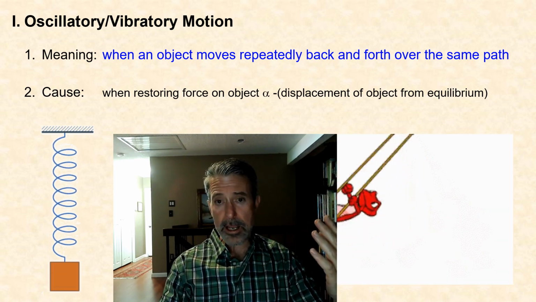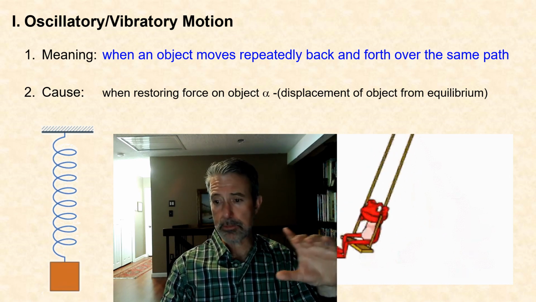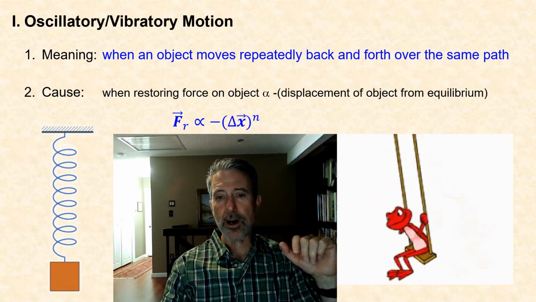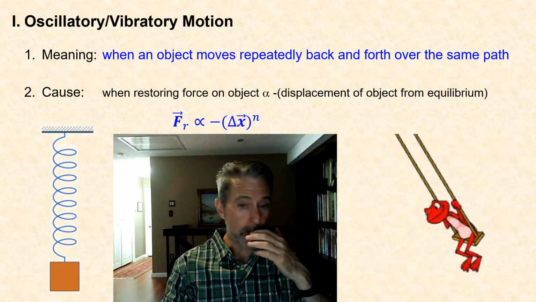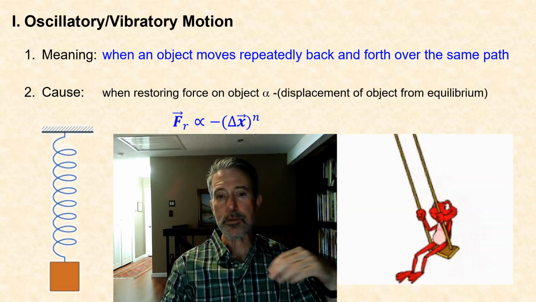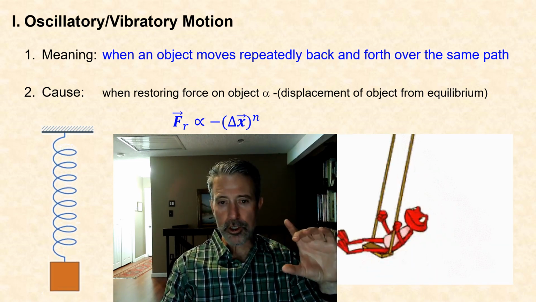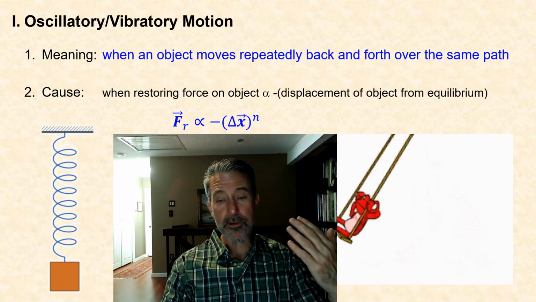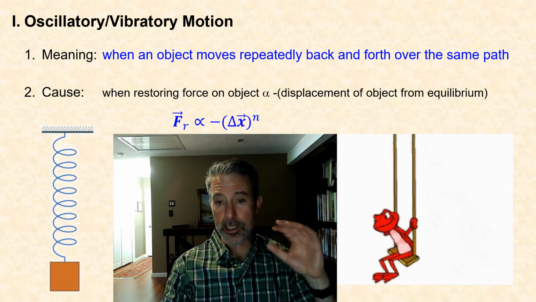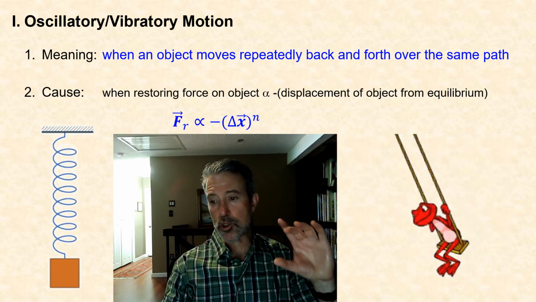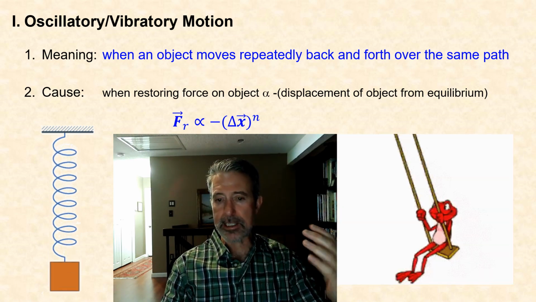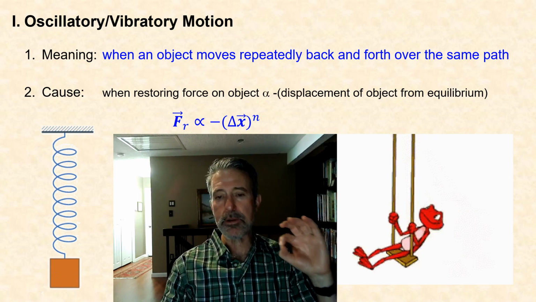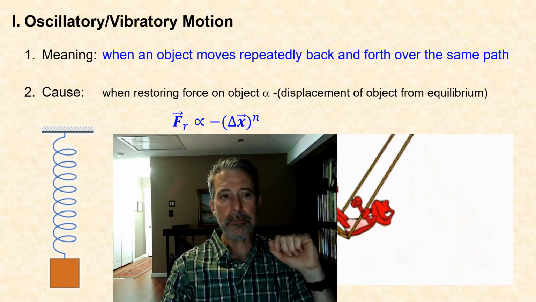We can describe this quantitatively as follows. We can say that the restoring force is proportional to the displacement of the object from its equilibrium rest position to some power, and that restoring force is opposite the direction of the displacement of the object from equilibrium.